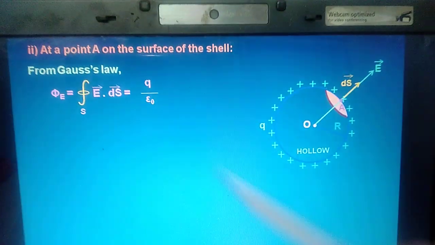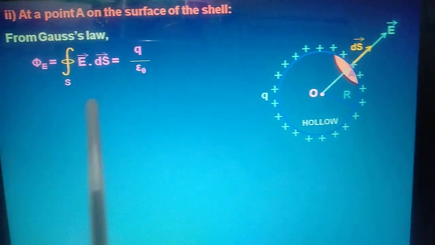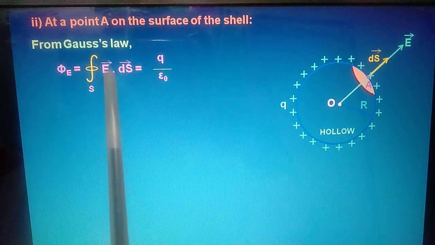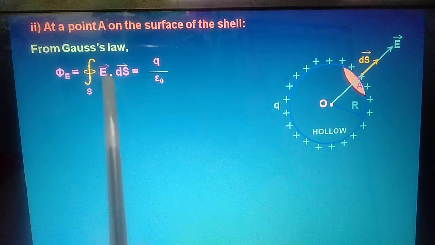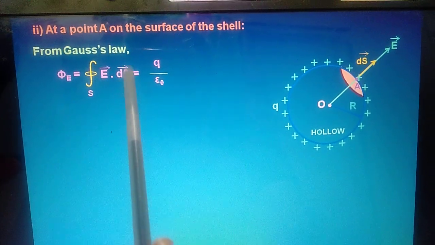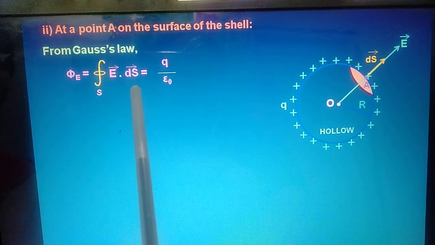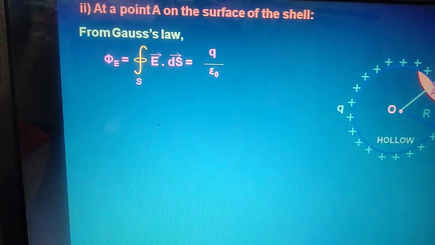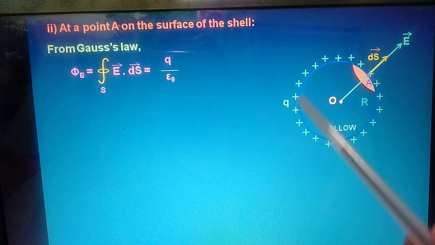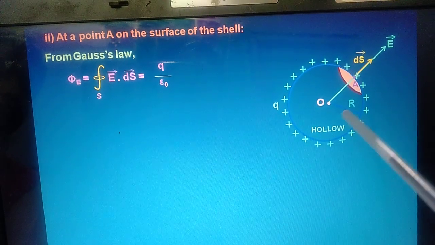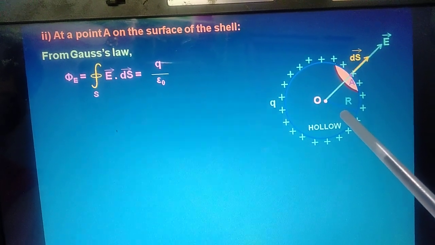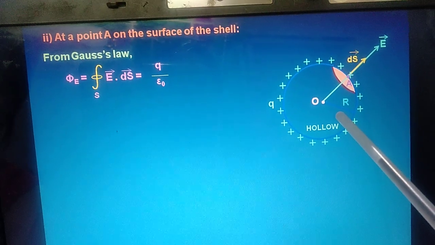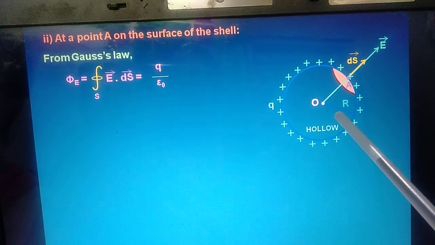We have to calculate the electric field, so the electric field comes out, and the surface integral of ds is the surface area of the sphere. Surface area of which sphere? This sphere, which has radius R. So the surface area will be 4 pi capital R square.